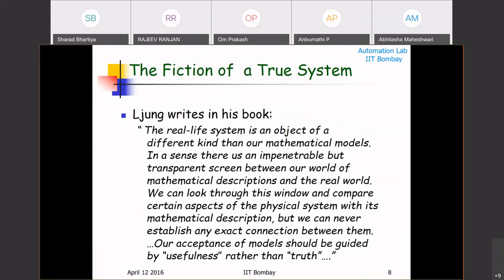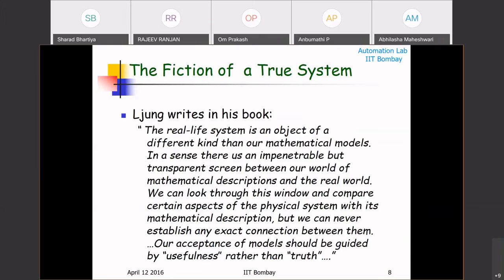So he says that the real life system is an object of a different kind than our mathematical models. So if you were a biochemical engineer who was trying to understand some protein binding, and you wanted to understand how a protein folds and then conforms to the second protein, and that causes an effect, you want that insight, but you don't get that insight through these kind of mathematical models.